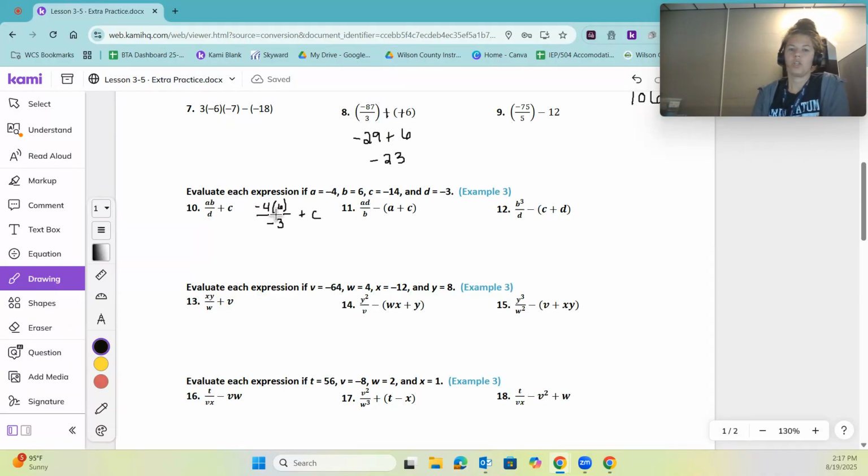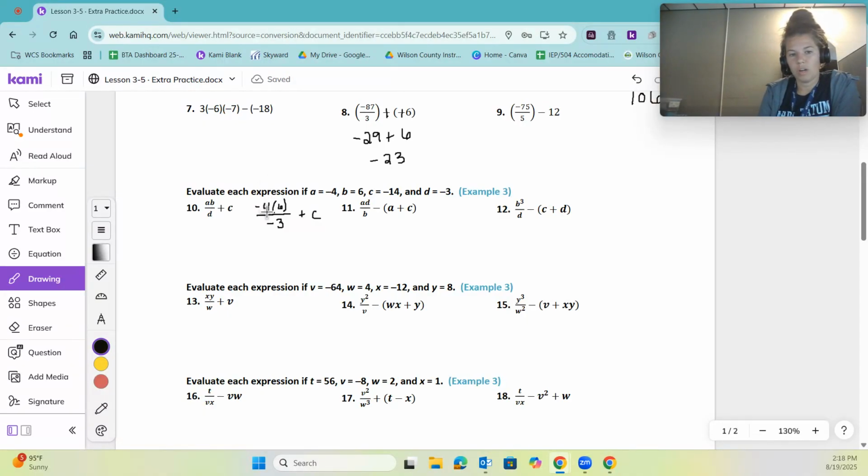All right, so order of operations, when we're looking at a fraction like this, we are going to do the top and then we're going to do the bottom. It's like an imaginary parentheses on the top of your fraction bar and the bottom of your fraction bar. So you do both of those separately first, and then once it's fully simplified, you can divide.